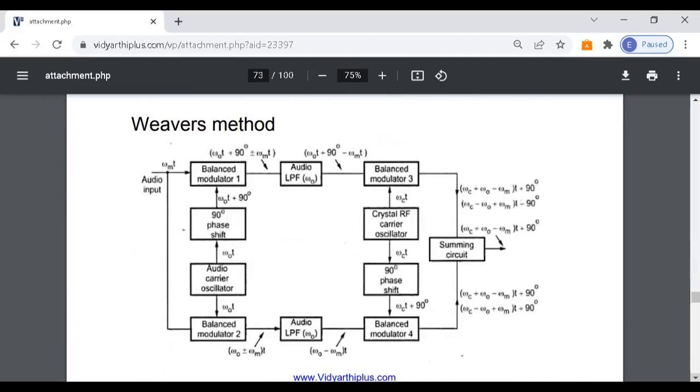This one, you can go through this one. The Weaver method, you can go through that on your own.